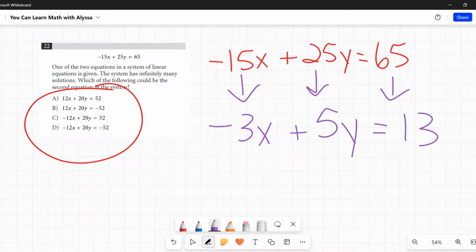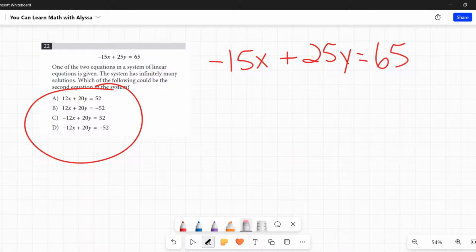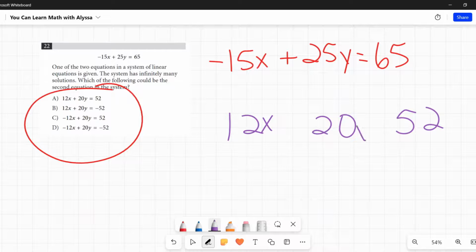But we don't really have to go trying and seeing if all of these work, like 12, 20, 52. They're not giving us any different numbers, so we don't have to do this test. We know it's going to be 12, 20, and 52 because all four answers use 12, 20, and 52. But there is one small difference, and it has to do with the signs.